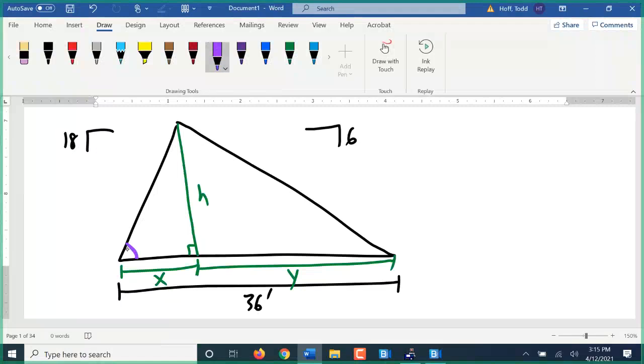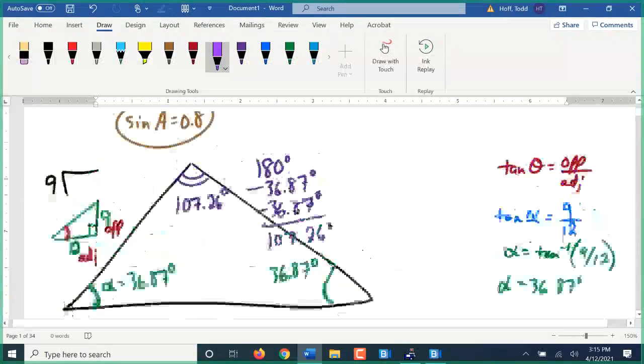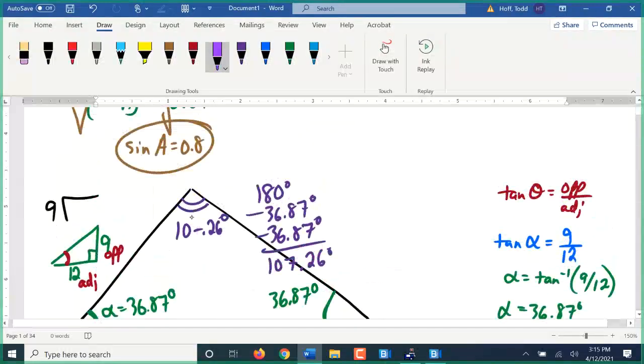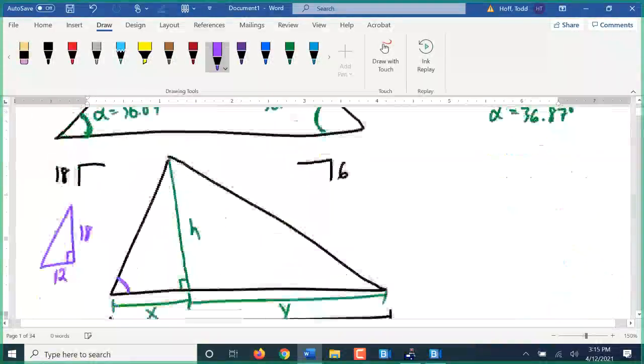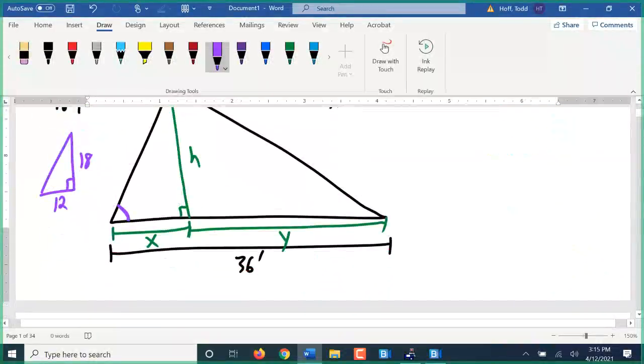I'm going to find this angle. What is it? So the slope is 18/12.